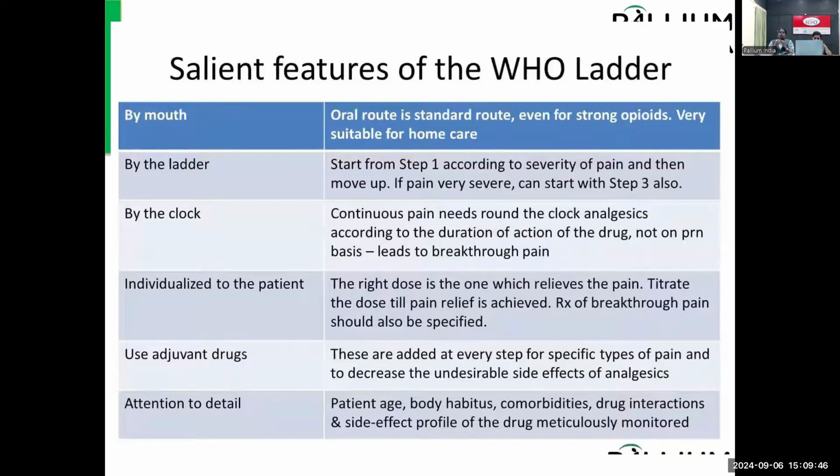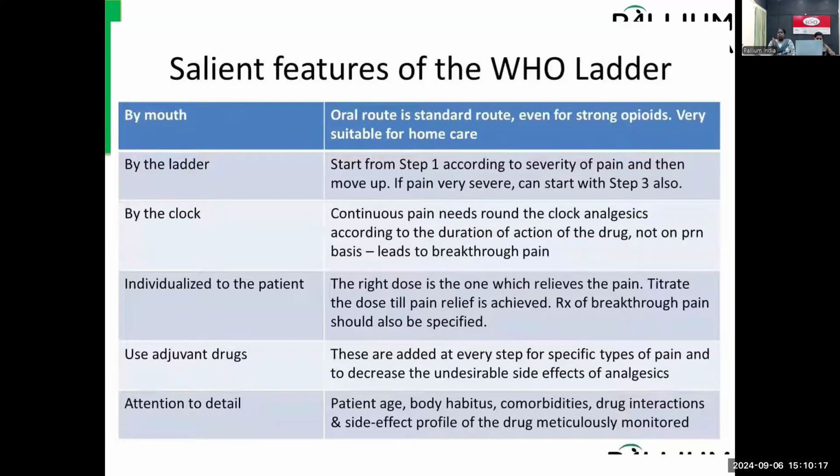That is the third one. The fourth one is individualized to the patient. That means the right dose is the one which relieves the pain. Most of the medicines are given according to the body weight of the patient. If the patient weighs 60 kg, or 20 kg, the medicine concentration or dose needed is different.